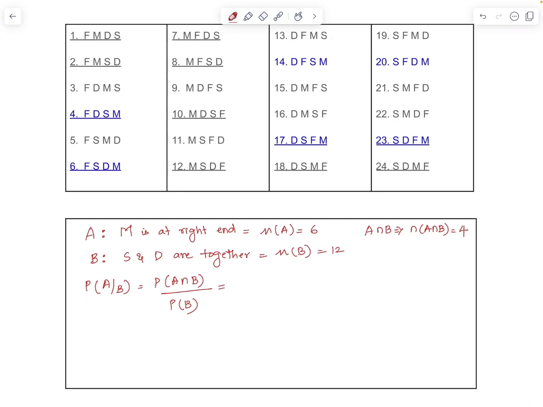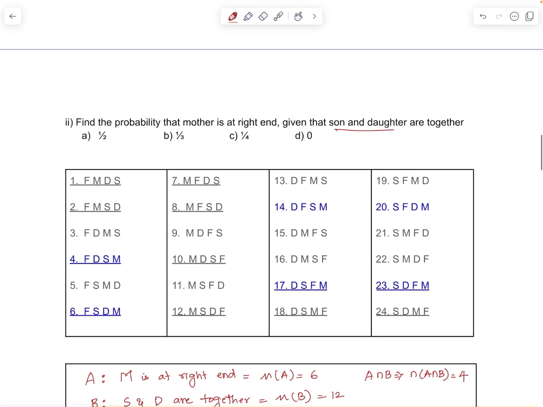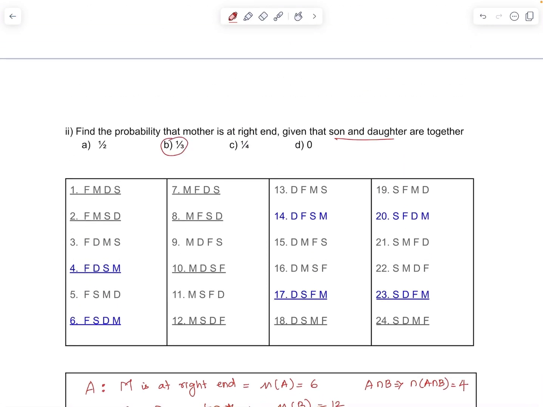P of A given B will become n of A intersection B by n of S by n of B by n of S, which is 4 by 24 by 12 by 24, which is 1 by 3. So the answer is B.